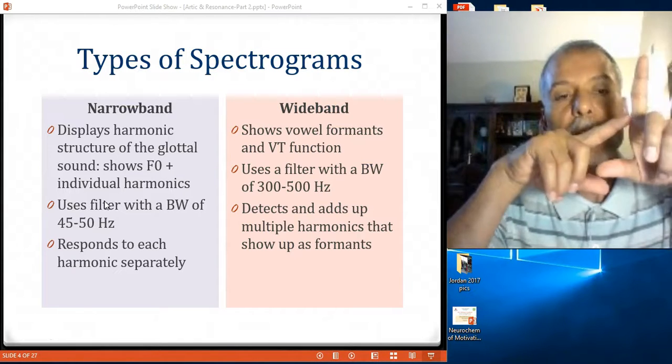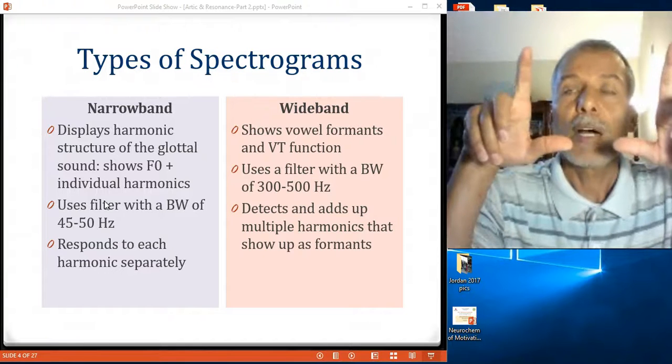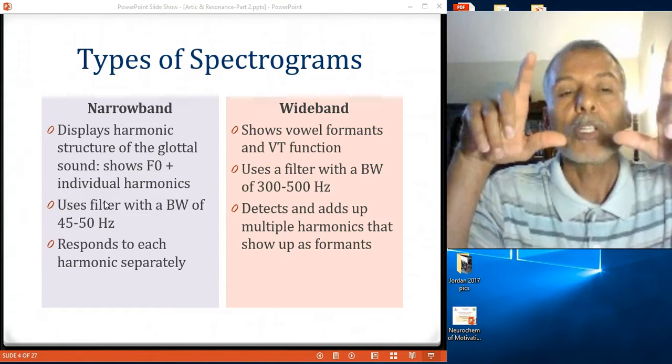So if you measure the distance between 475 and 525, then that distance is going to be 50 hertz.